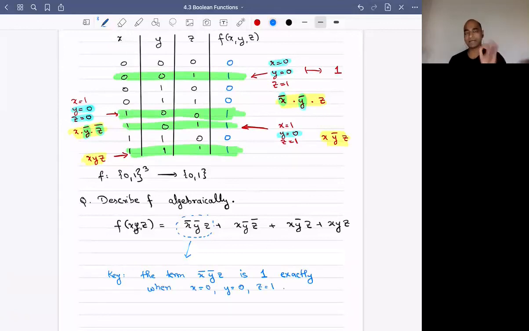So only at this one particular input does this term become 1. Everything else is just 0. Similarly, the second one is 1 exactly when x is 1, y is 0, z is 0, and so on. And so when you add all of these, you get the required function. I'll let you think about this. It's a complicated argument, but really it is about understanding how products, complements, and addition behave for Boolean algebra.